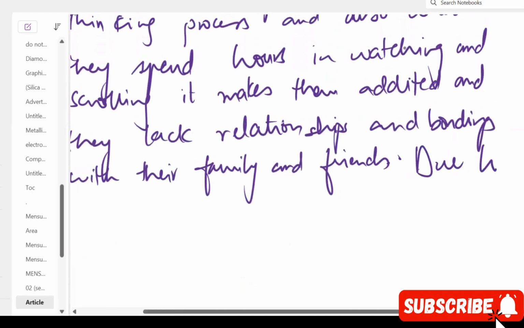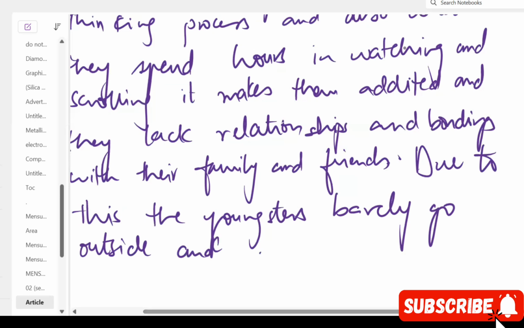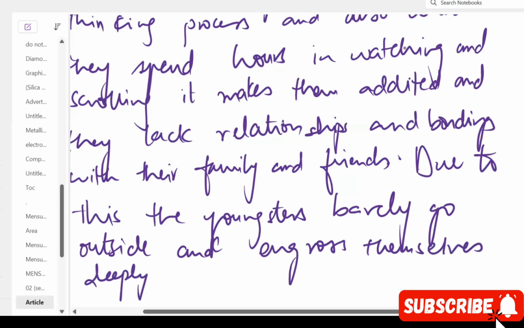Due to this, the youngsters barely go outside and engross themselves deeply with the use of computers.